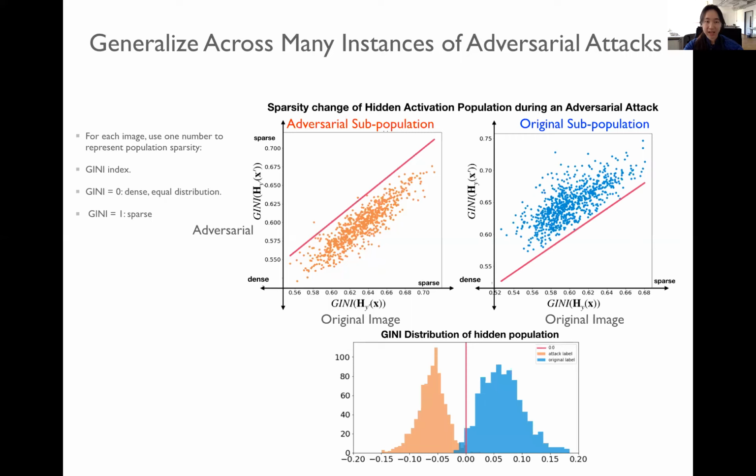When we plot how much those points deviate from the middle line, which corresponds to no sparsity change, we also confirm our observation that there are sparsity and density changes for those two subgroups of the population.